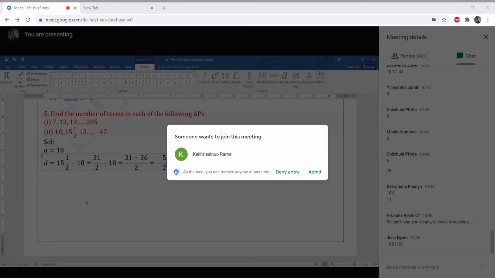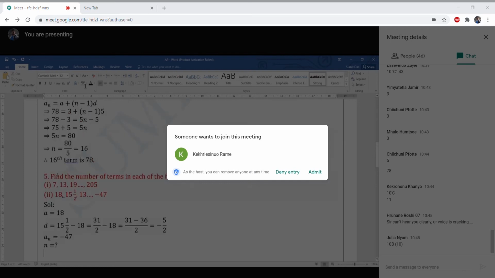And an is equal to minus 47. We have to find n.